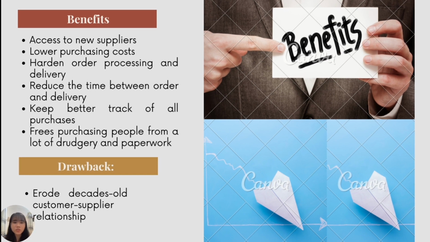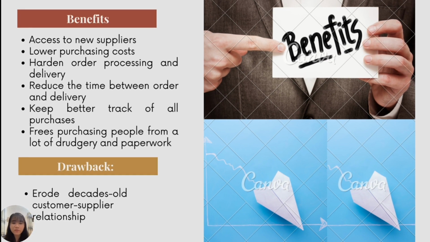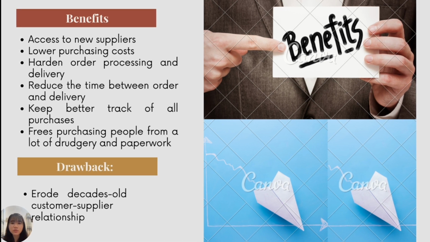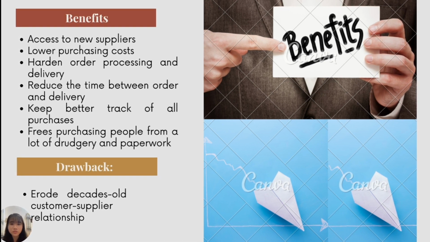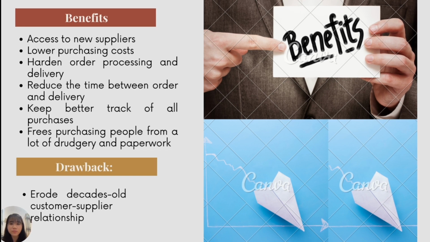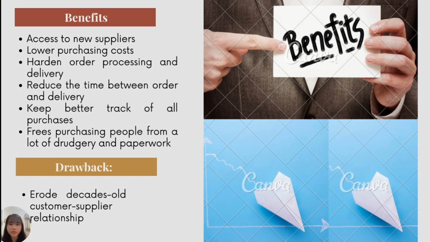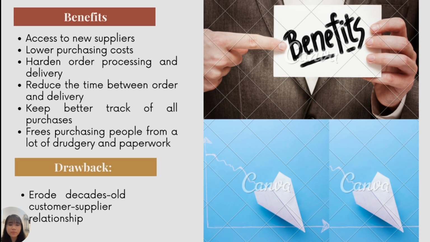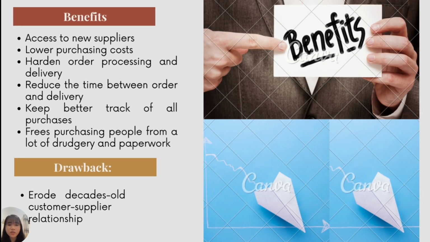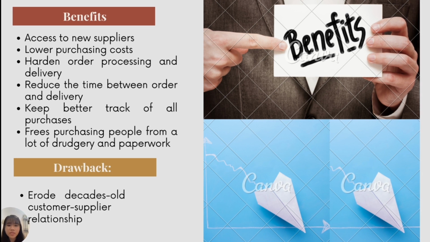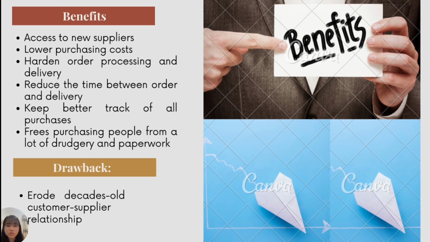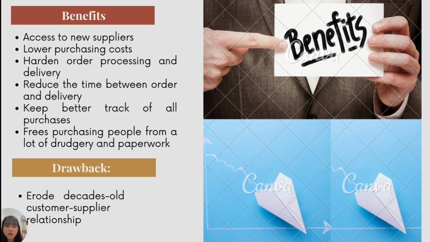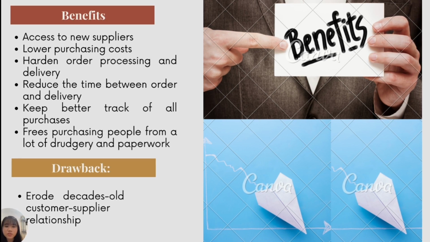Of course, business-to-business e-procurement brings many benefits. It gives buyers access to new suppliers, with lower purchasing costs, as well as higher order processing and delivery. E-procurement reduces the time between order and delivery. An online-powered purchasing program eliminates the paperwork associated with traditional requisition and ordering procedures, and helps an organization keep better track of its purchases.